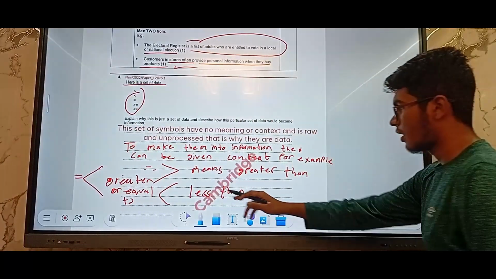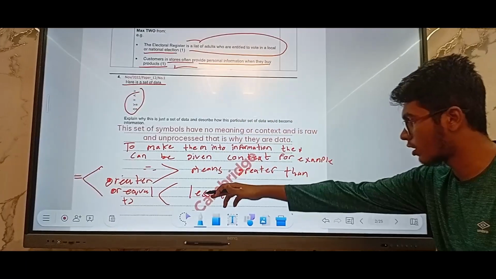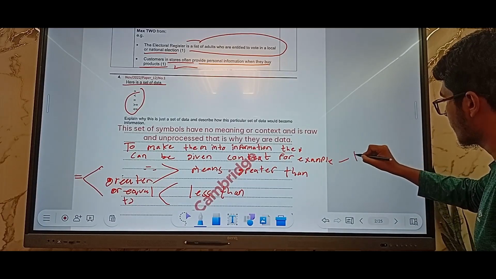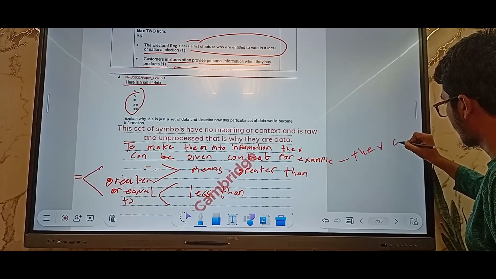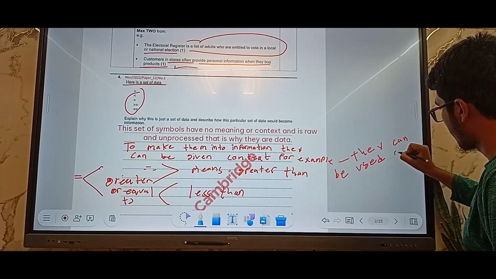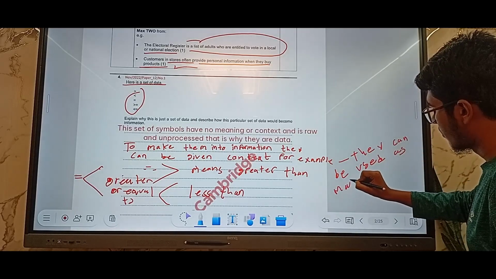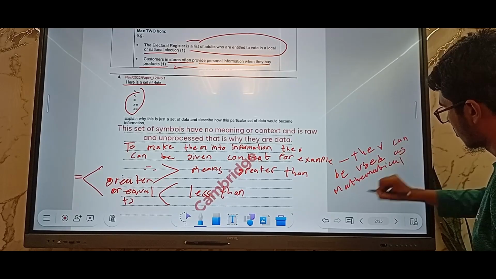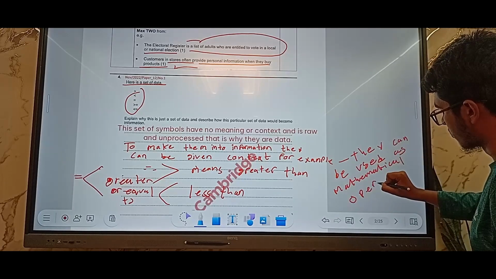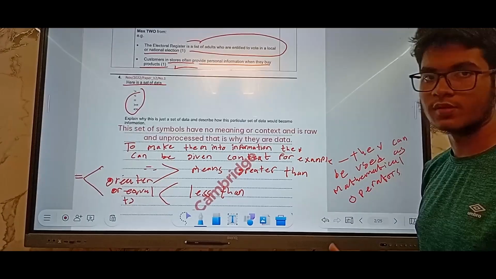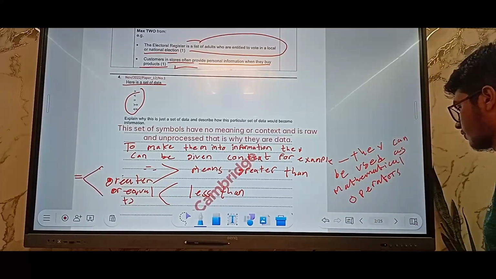For example, I haven't just gone into this. I should have written that they can be used as mathematical operators, right? Greater or less than, or function, you use it in range, domain and stuff.